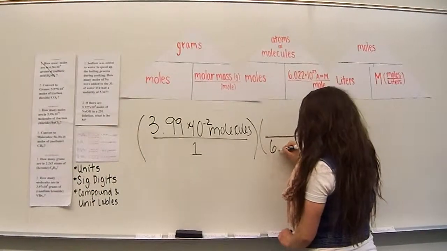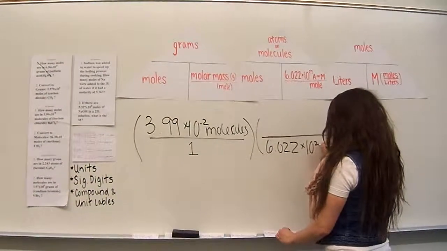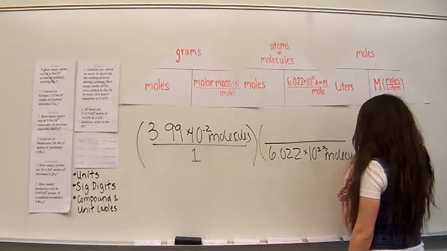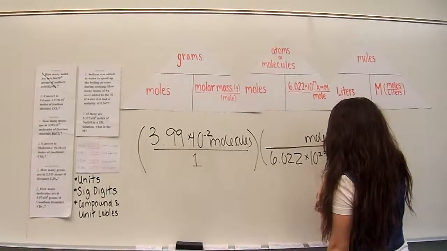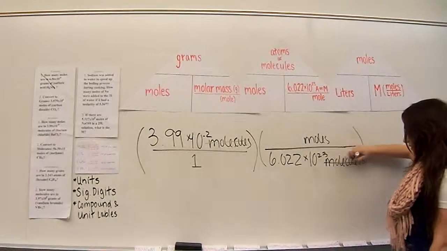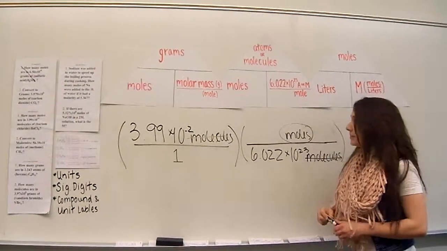Therefore, we will write 6.022 times 10 to the 23rd molecules, and then we will be writing moles on top. Molecules will cancel out molecules, and we will be left with moles, which is what we were asked for.